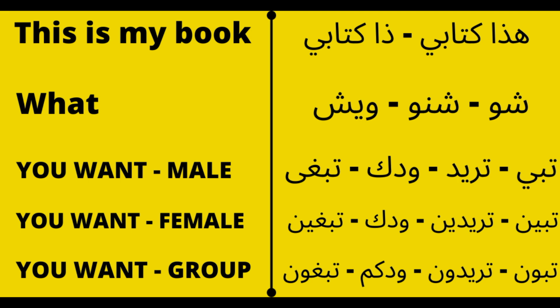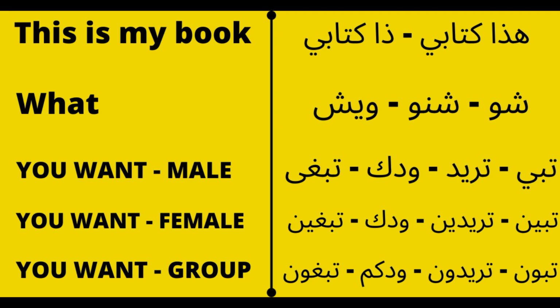Some people say ish, but I didn't put it here, because the three most common ways for saying what are شو, شنو, or ويش. I didn't put the harakat, the tones here, because I want you to focus on listening also.